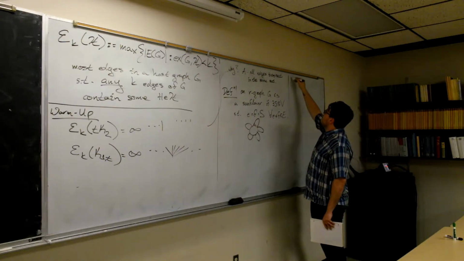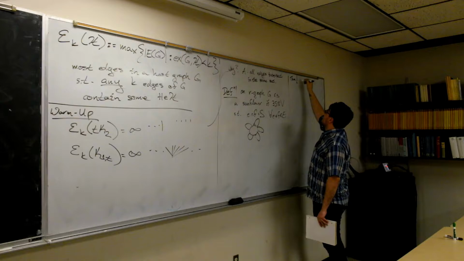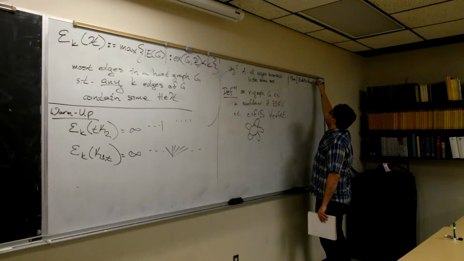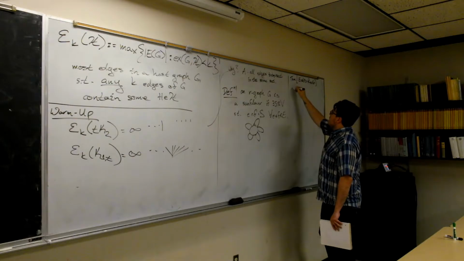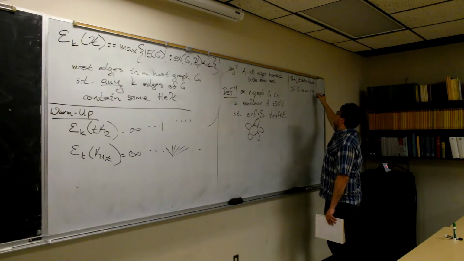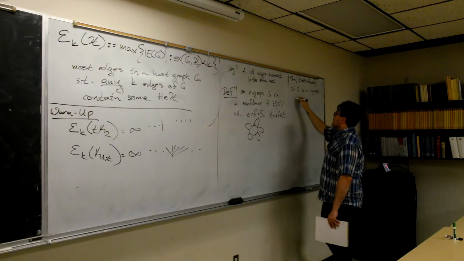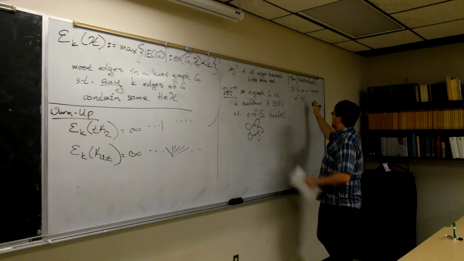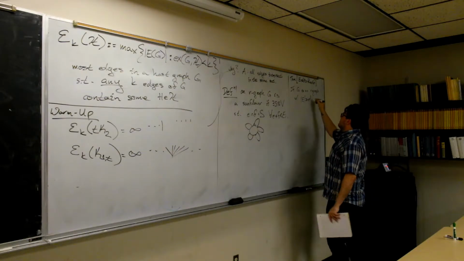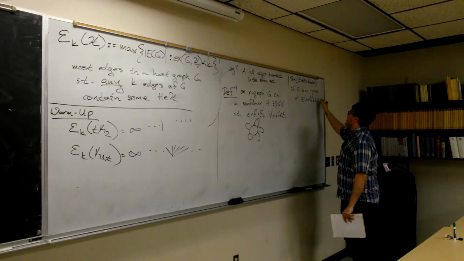So the theorem about these guys by Erdős and Rado says that if G is an r-graph with enough edges, I wrote it down, something like r factorial times k minus 1 to the r.